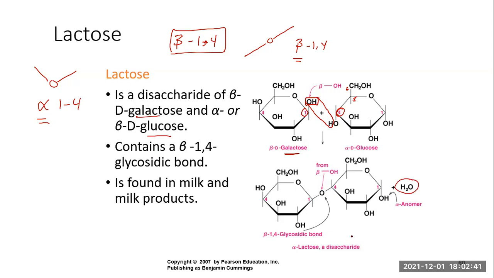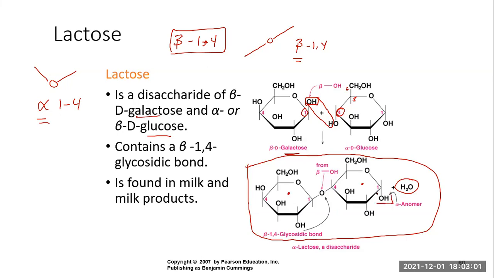This is the alpha lactose. By the way, this entire thing over here is lactose, made up of galactose, which is this one, and our glucose, which is this one. It's alpha because when we look at carbon number 1 here, the OH group is down.